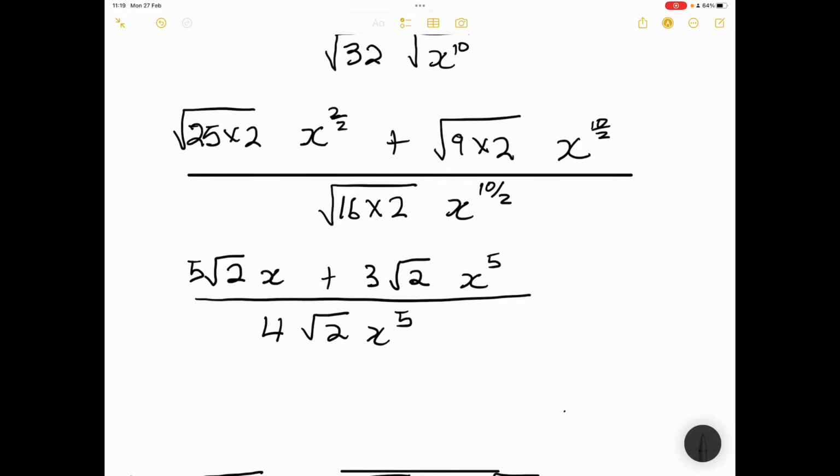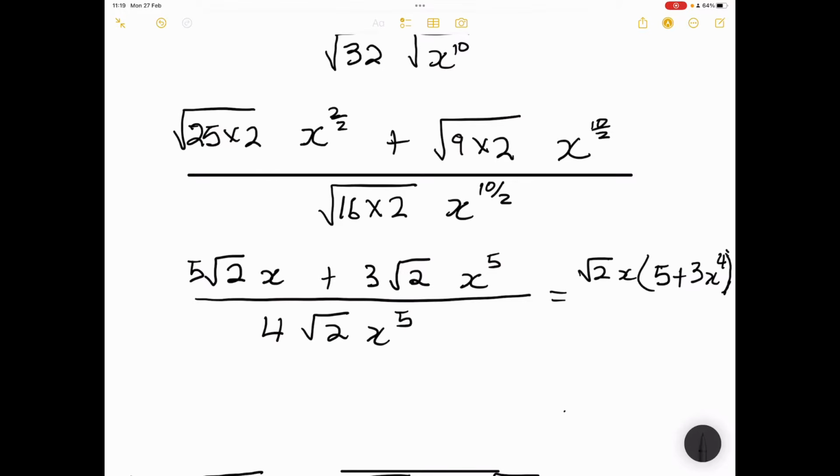Of course, every term has got a root 2 in it, and it's got an x in it at least. So that would be, if I take out root 2 at the top times the x, the common factor there, that would give me 5 plus, okay, that would be 3 x to the exponent 4.